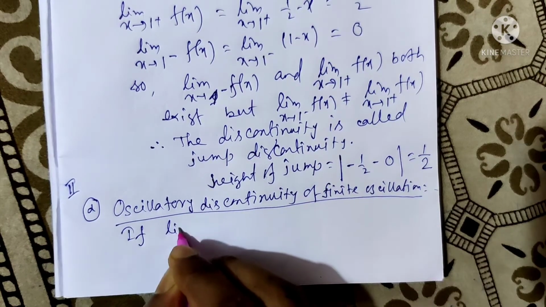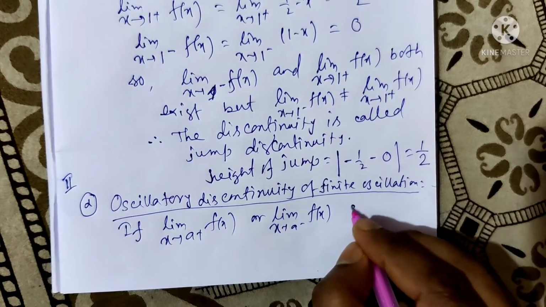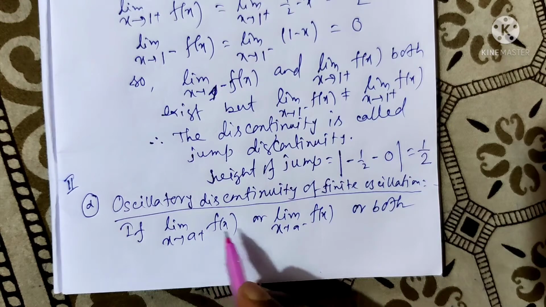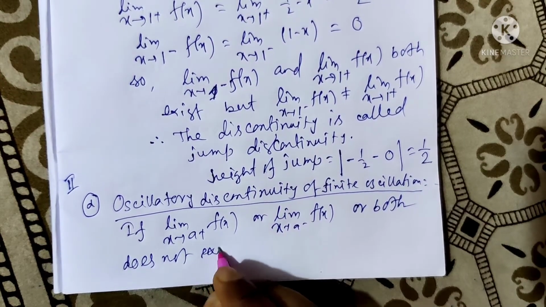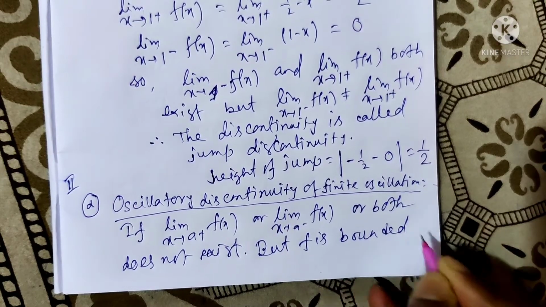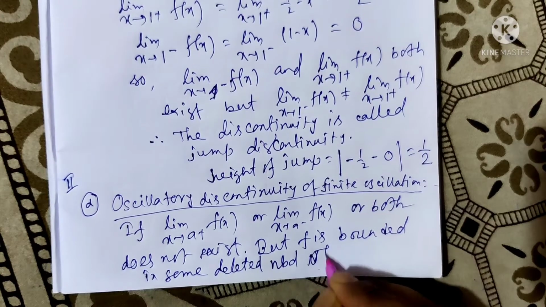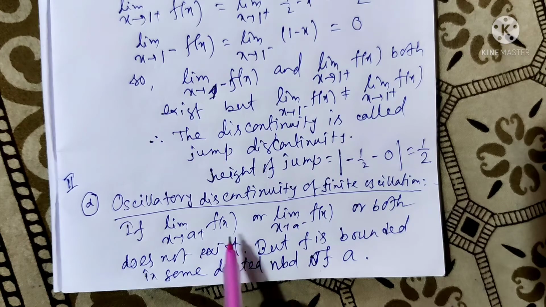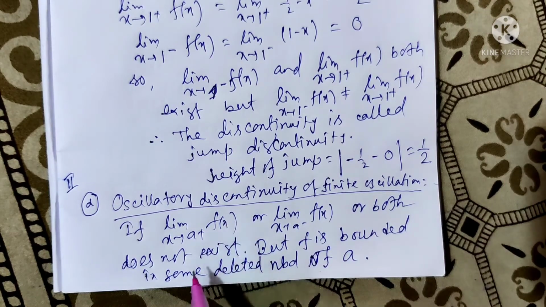If the limit as x tends to a plus of f(x) or the limit as x tends to a minus of f(x), or both, does not exist, but f is bounded in some deleted neighborhood of a, then the function is said to have an oscillatory discontinuity of finite oscillation.